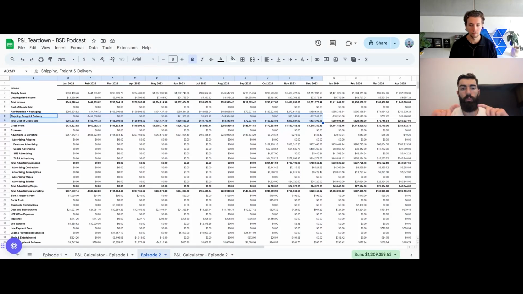And then when we look at those two separately, we can make better financial decisions, because then I can see that shipping to the end consumer has been increasing for over the past few months. I should reach out to my carriers and figure out a way to structure our fees better, because it doesn't make sense for us to be paying that much.